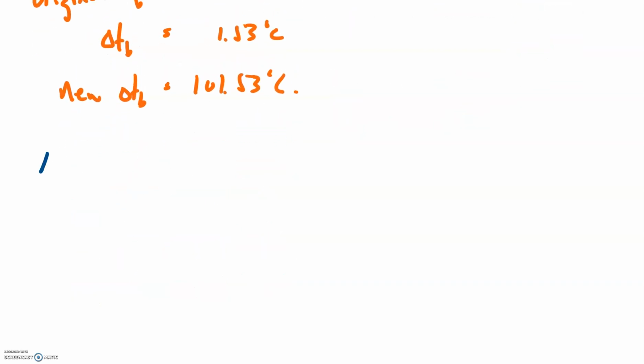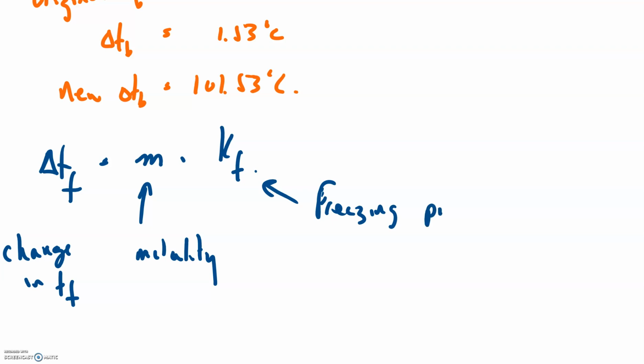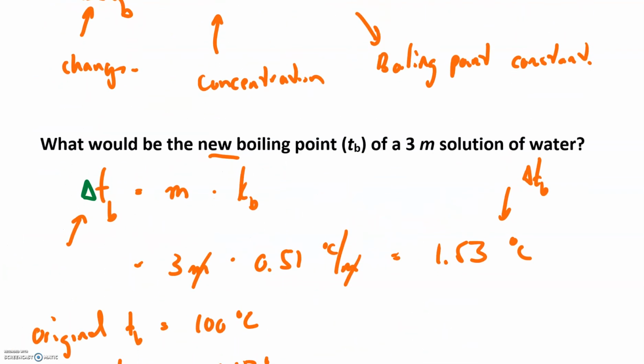It works exactly the same way if we're talking about freezing point. So delta TF, freezing point, is equal to molality times something called the freezing point constant. Obviously, this is going to be change in freezing point. This will be molality, and this is our freezing point constant, which, just like boiling point constant, you can find from this table.